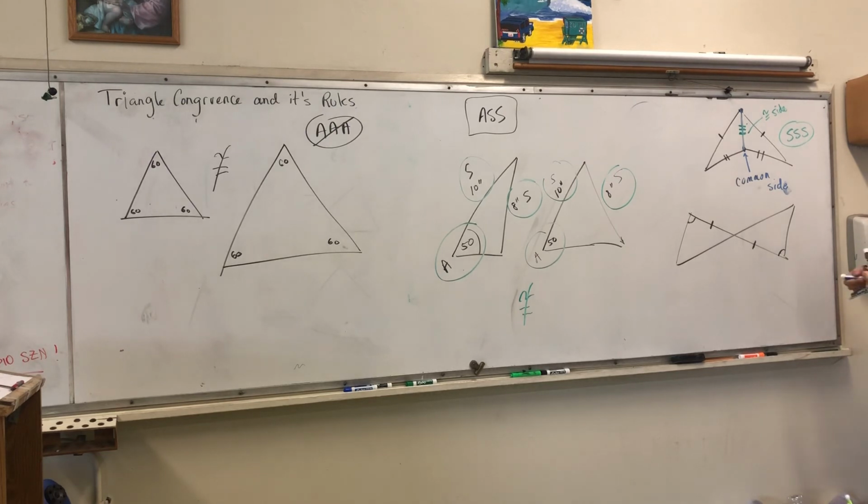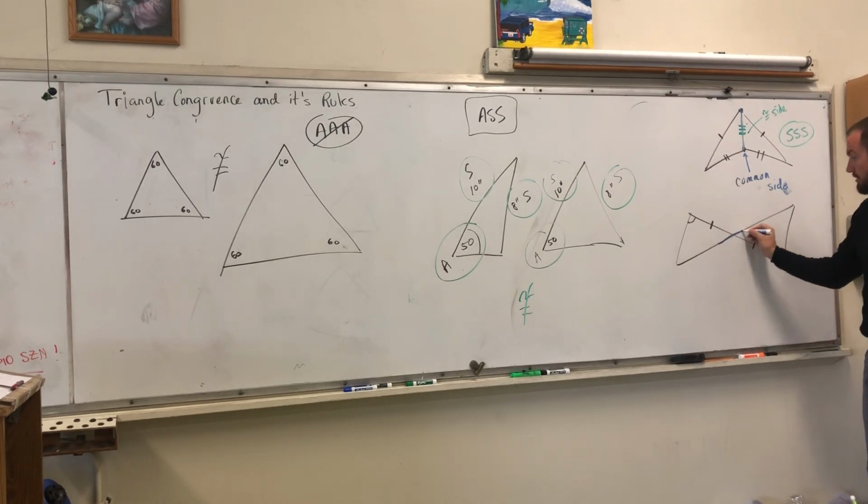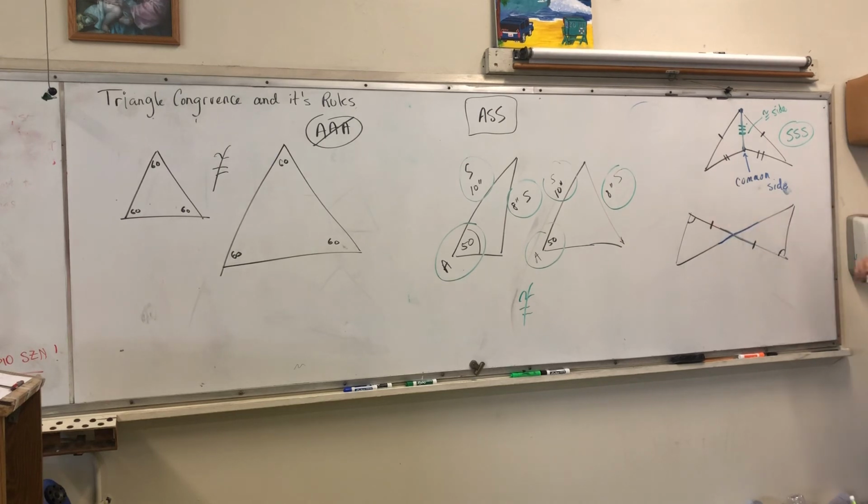Well, we've learned two angles created by non-adjacent sides. We call these vertical angles. And we know vertical angles to be congruent. So we could say these two angles are congruent, giving us an angle, an included side, and a following angle, so we could get something that would be angle side angle.